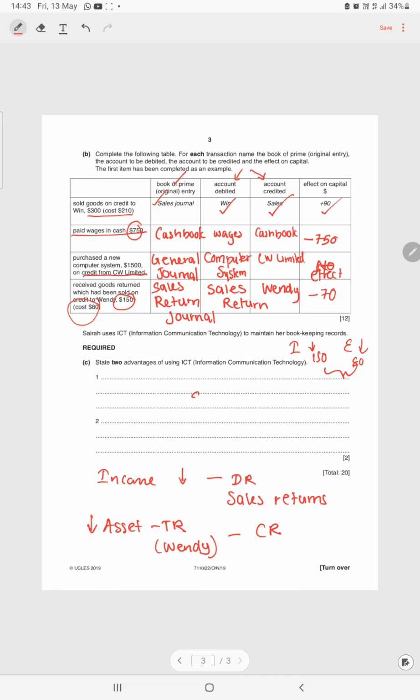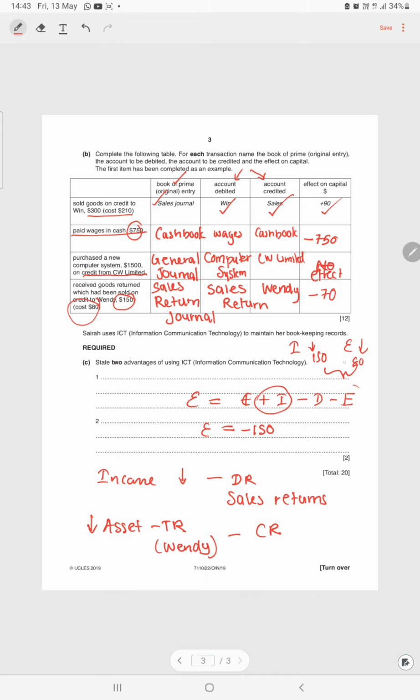What happens to equity? Equity is capital plus income minus drawings minus expenses. So when income increases, equity goes plus 150, and when income decreases, equity will decrease, because the amount that you add has decreased, so minus 150.